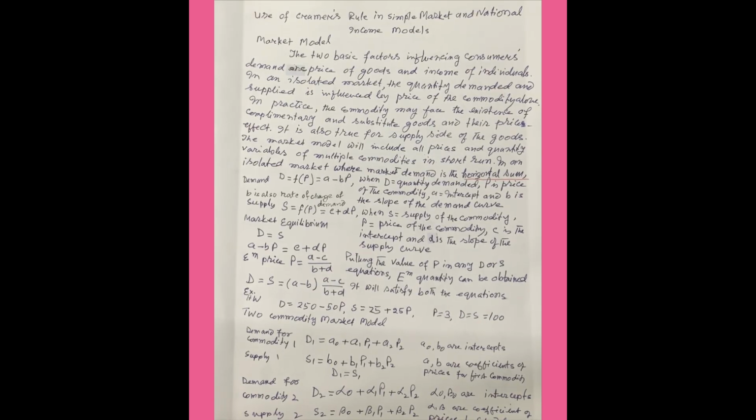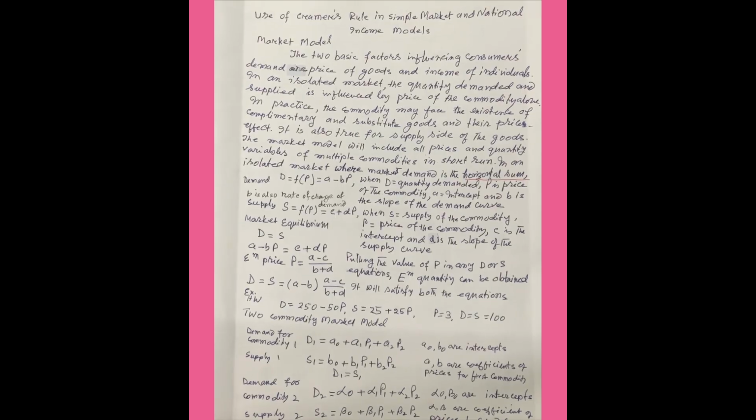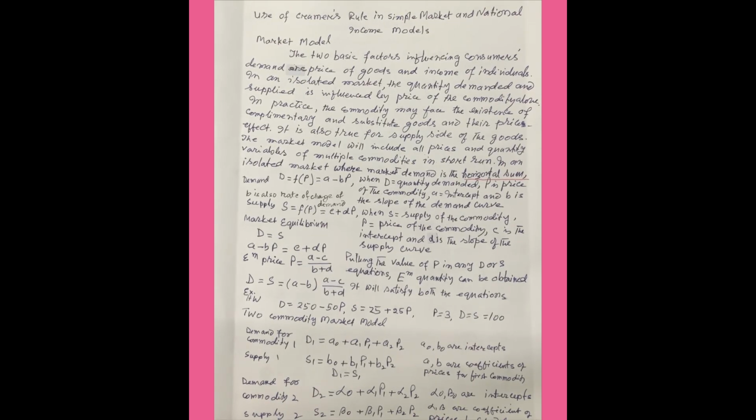The market model will include all prices and quantity variables of multiple commodities in the short run. There are very short run, short run as well as long run models.